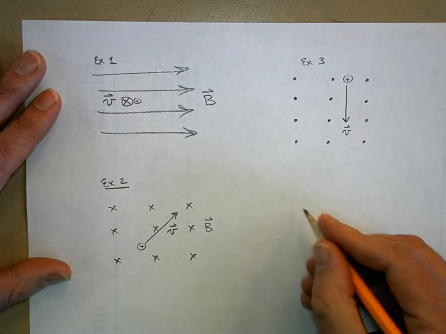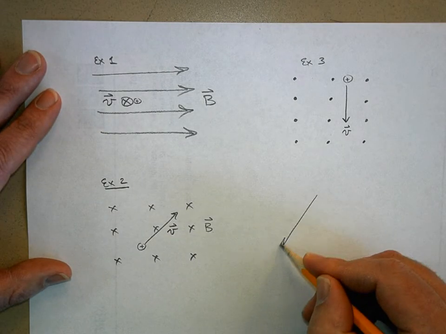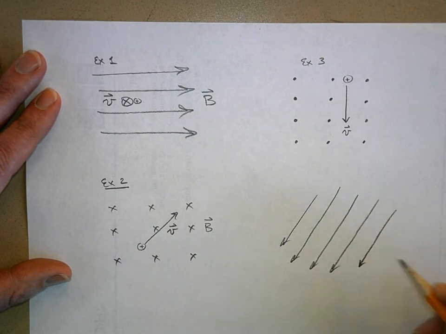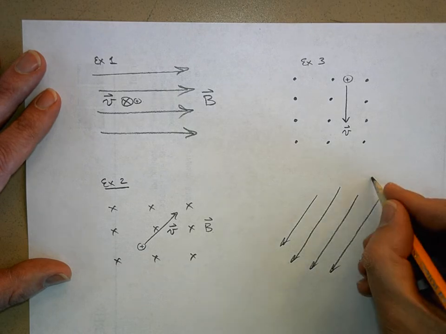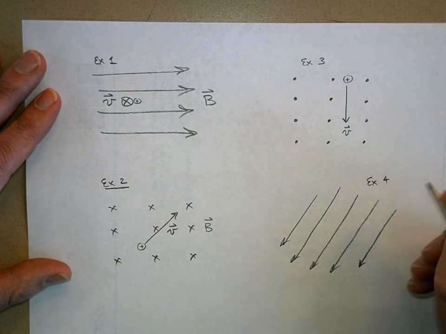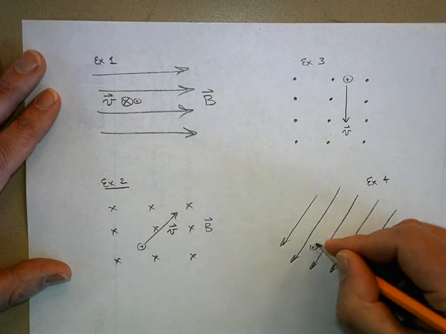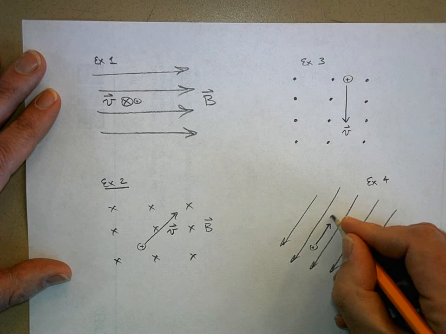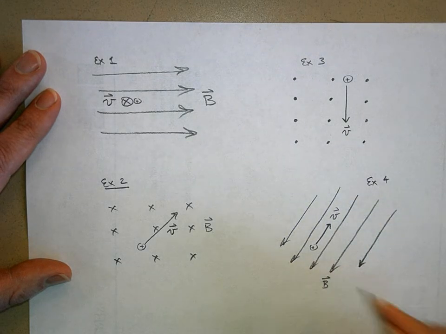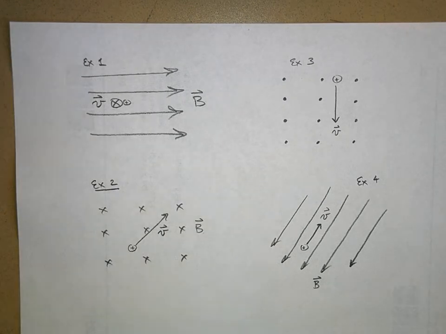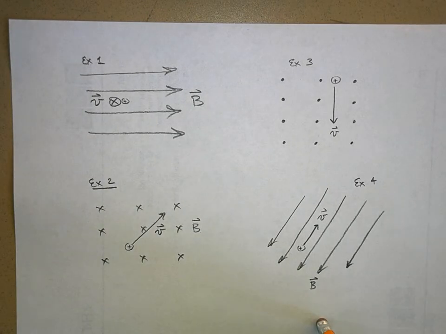And then over here we'll have a magnetic field like this. And then I'll put a positive charge here. And here's my velocity vector like that. So what I'd like you to do right now in your notes is draw the force vector on here. Show the direction of it, with just a force vector.